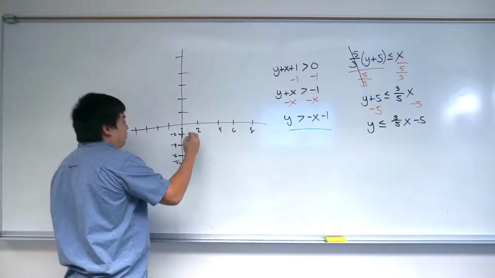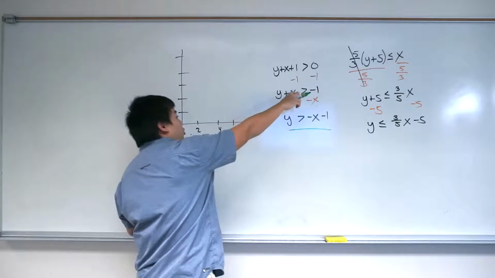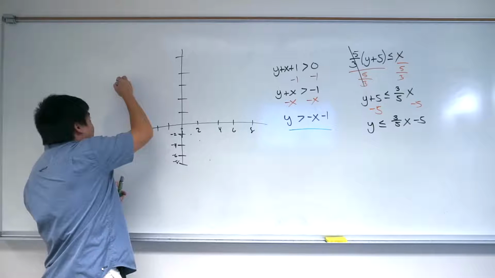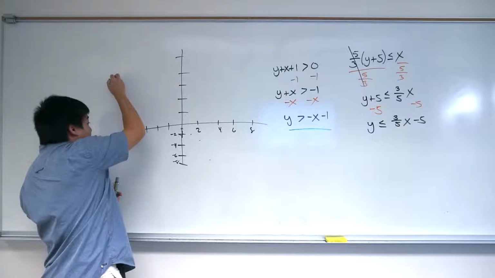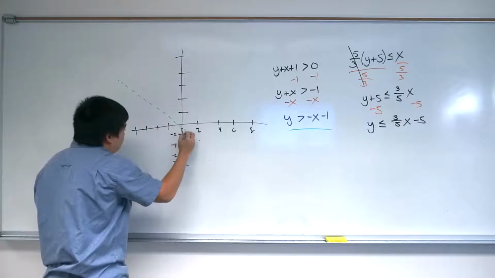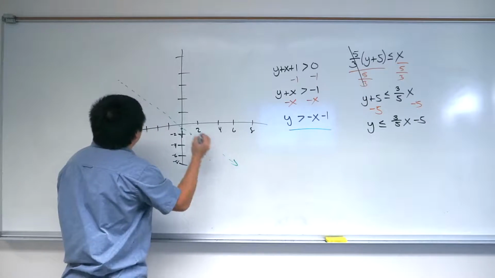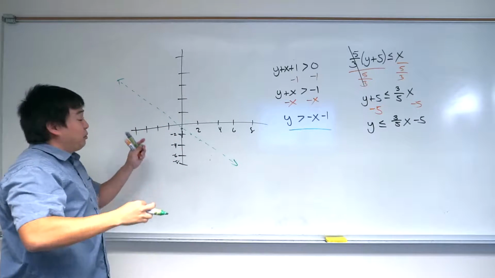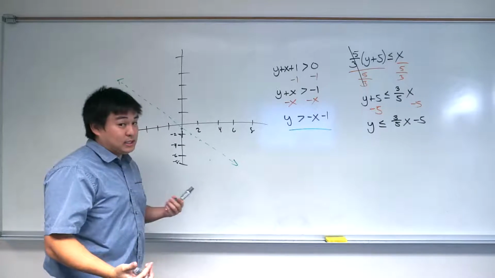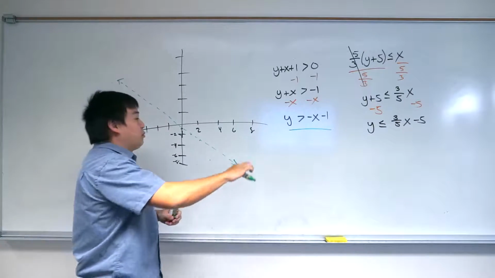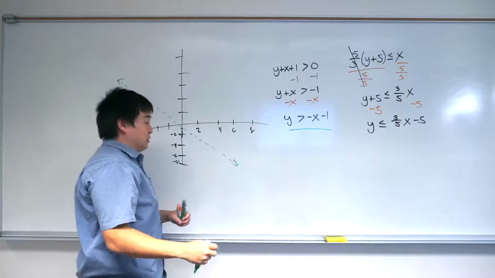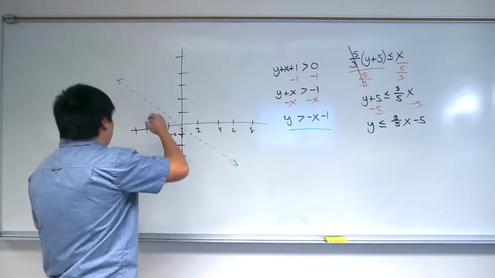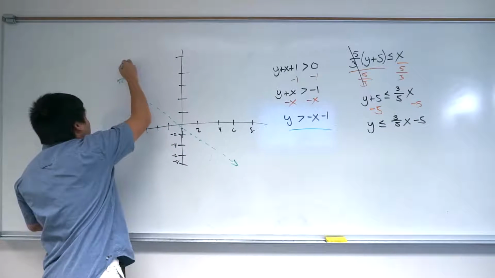Down 1, right 1. And remember, this is a greater than, so we don't have a solid line, it's going to be dotted. If you want to do that after as well, the way we did it previously, where you just erase it, that's also fine. And we want the heights above. So let's go to the line and draw our lines up, because those are the things that are above.